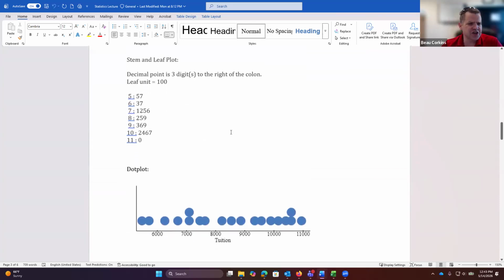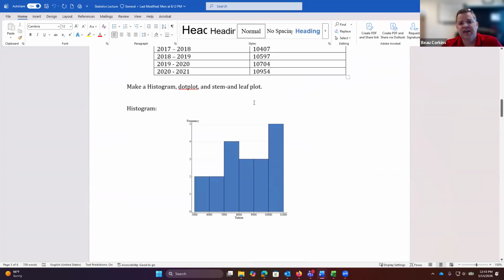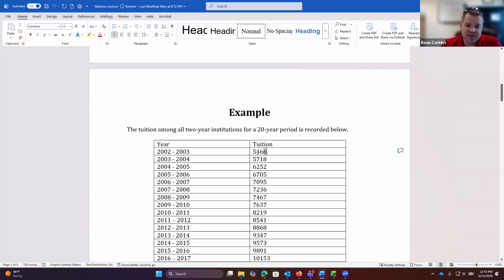Two other plots, just so you're familiar, are basically similar to histograms, but not as good. One is a stem and leaf plot. Notice it's got the thousands here, 5,000, and then the hundreds value, 500, 700. So this is saying 5,500, 5,700, which are these values.